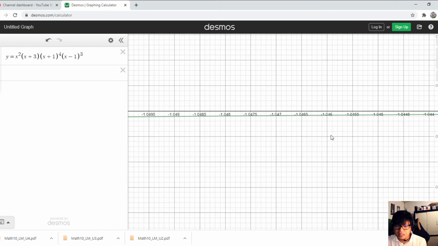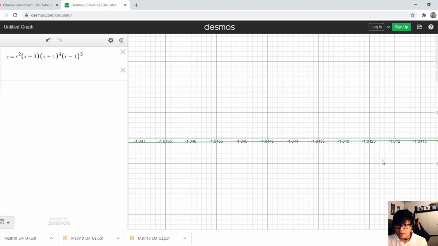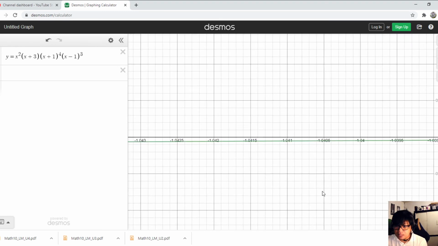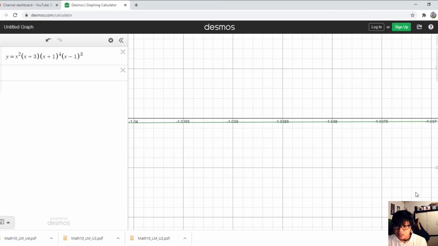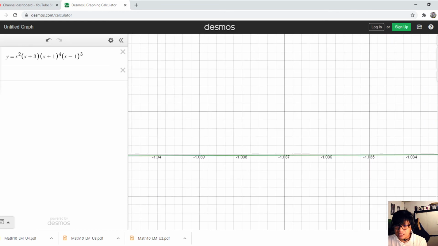So, as it goes closer to negative 1, papalapit din yung graph natin doon sa x-axis. Pero it will never touch the other values except doon sa negative 1 lang. Yan. Doon lang talaga siya.